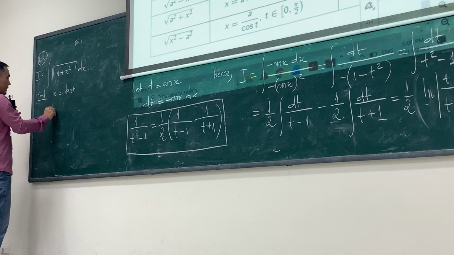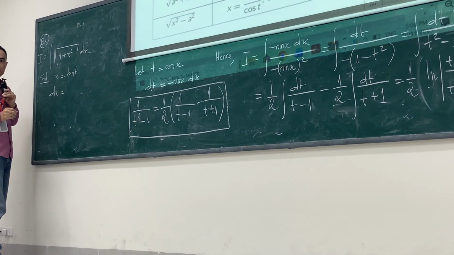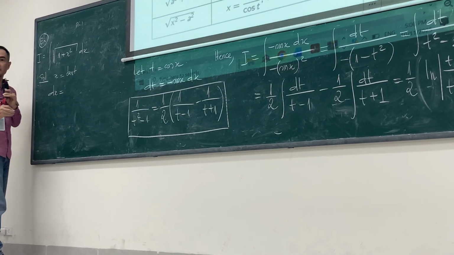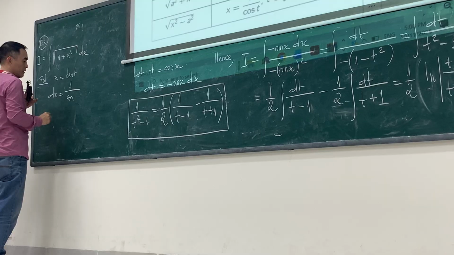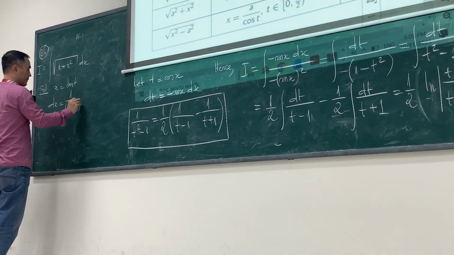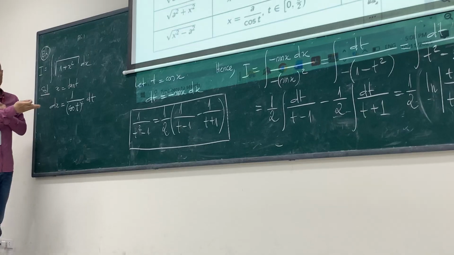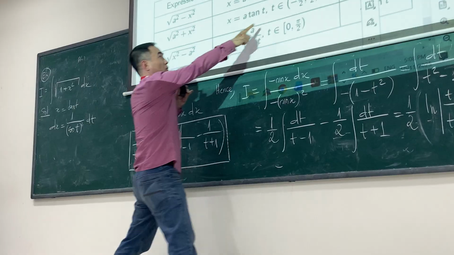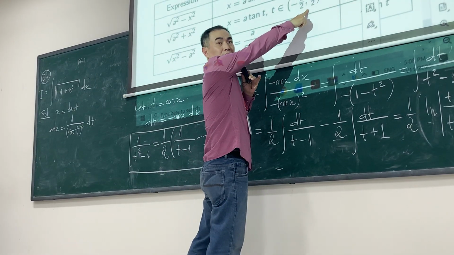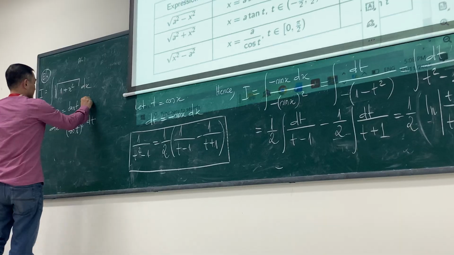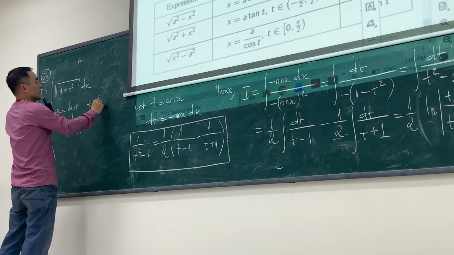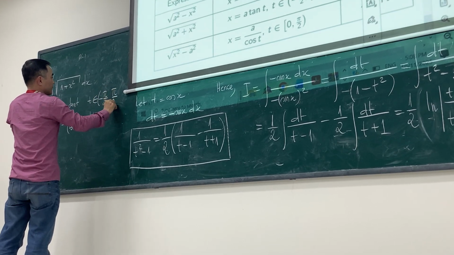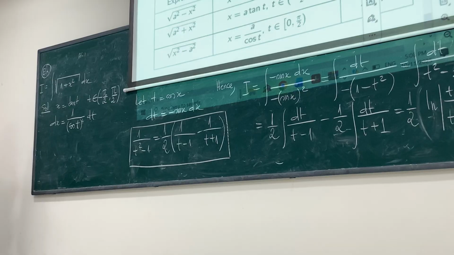You can estimate dx is equal to 1 over cosine t squared times dt. In this case, t belongs to the interval from minus pi over 2 to pi over 2.